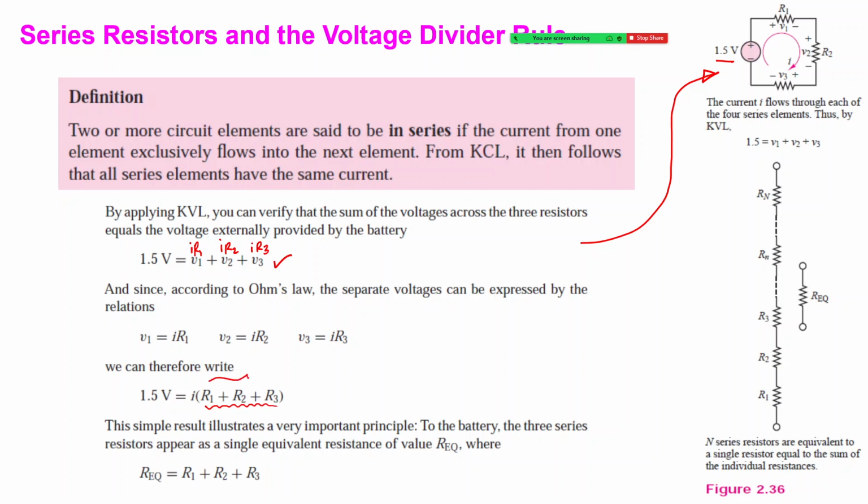So this can be used as the equivalent resistance of this circuit, right? It's similar to the 1.5 volt being connected to one single resistor, Req here. So this is the series resistor rule, right?